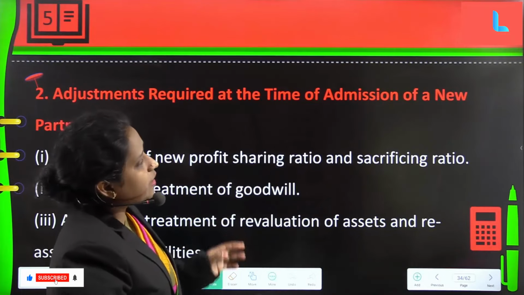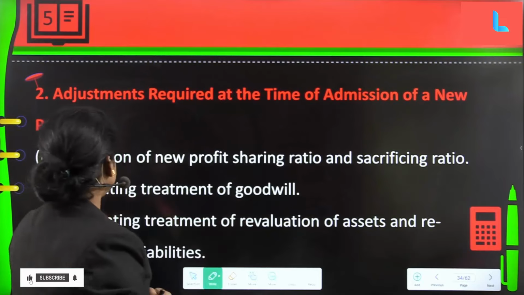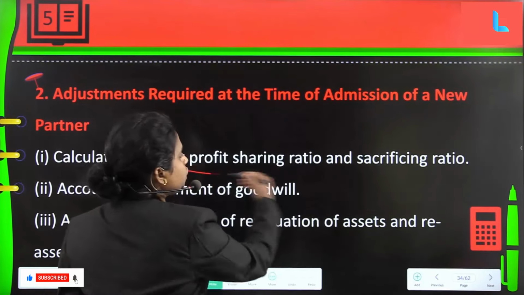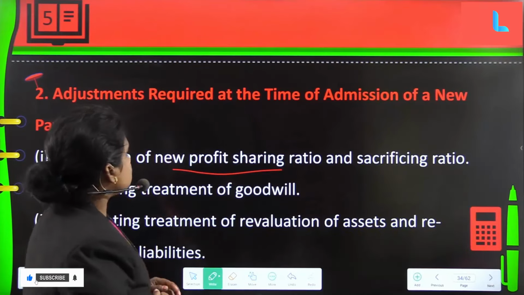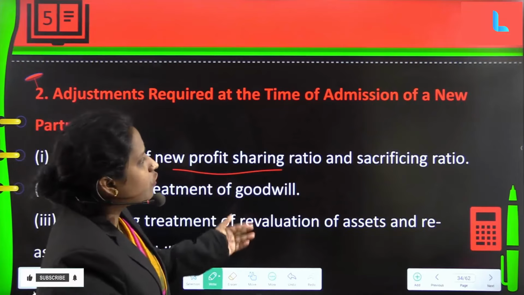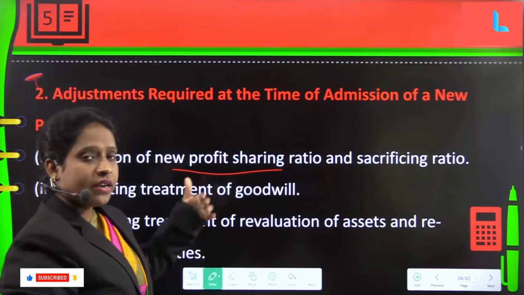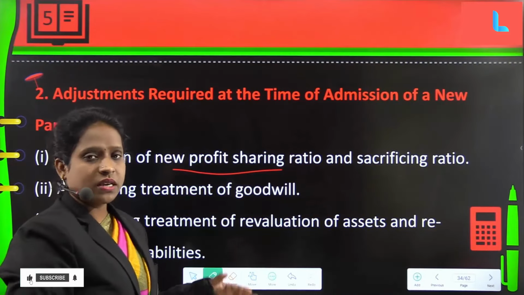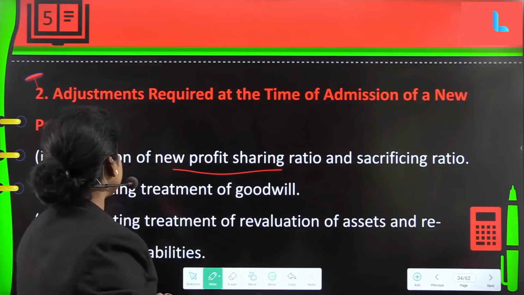Adjustments required at the time of admission of a new partner. Under this, the first point is calculation of new profit sharing ratio and sacrificing ratio. Whenever we take a new partner into the existing partnership firm, these are the adjustments we have to make.